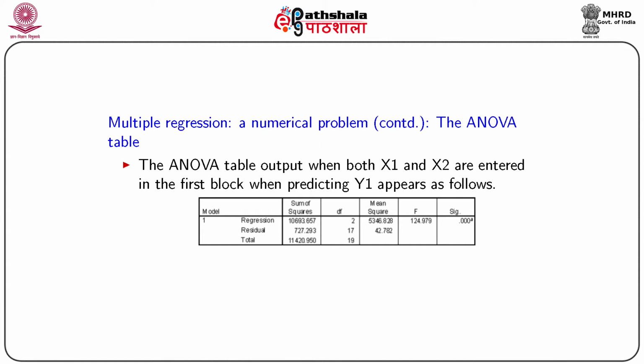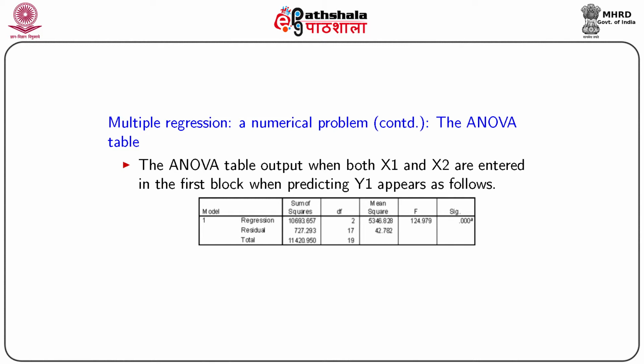The total sum of squares is 11,420.95. This is the sum of squared differences between the observed values of y and the mean of y. The regression sum of squares, which is 10693.66, is the sum of squared differences between the model where yi hat equals beta naught and the model yi hat equals beta 0 plus beta 1 x1 plus beta 2 x2.